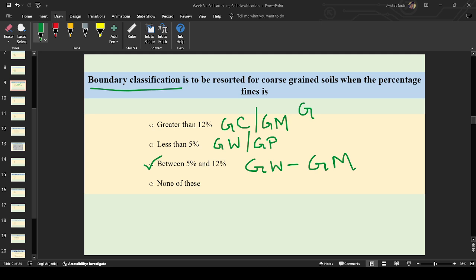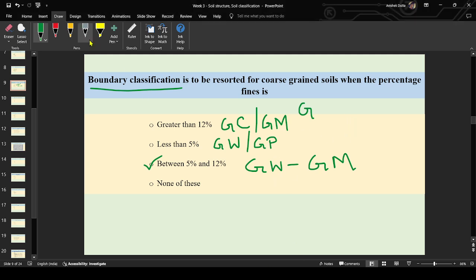Okay, fine. Suppose it is a coarse grain soil, and you have gravel. Gravel is the coarse grain soil, G. Now the gravel also has finer size particles, that is silt or clay.